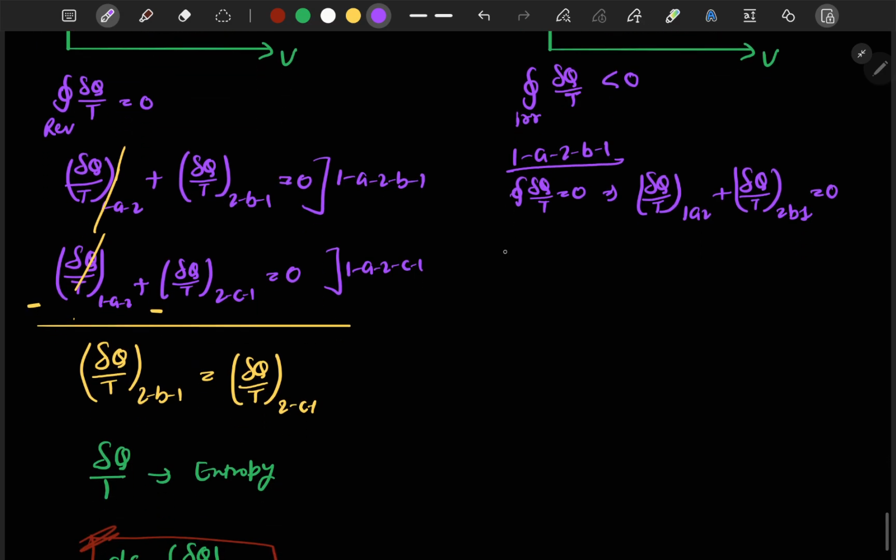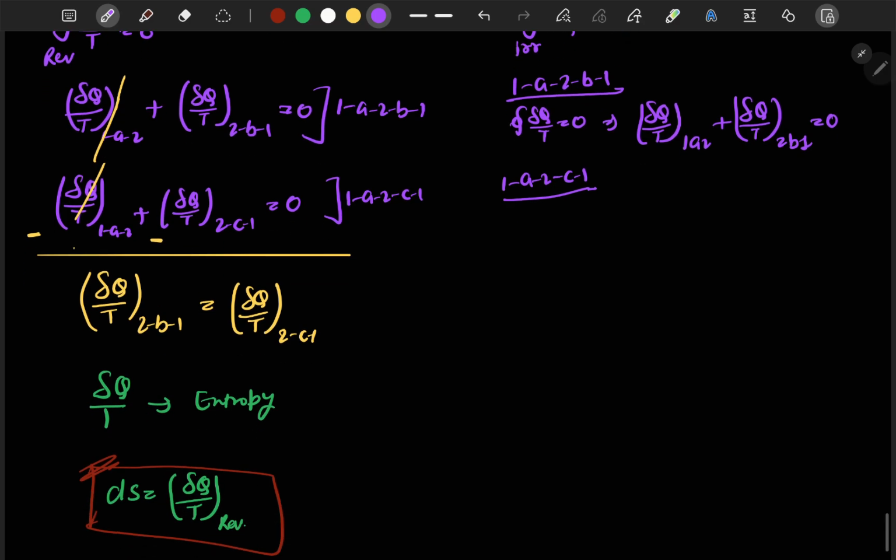And if we talk about process 1A2C1, for this we can use this relation. From here we can write del q by T from 1A2 plus del q by T from 2C1 must be less than 0.